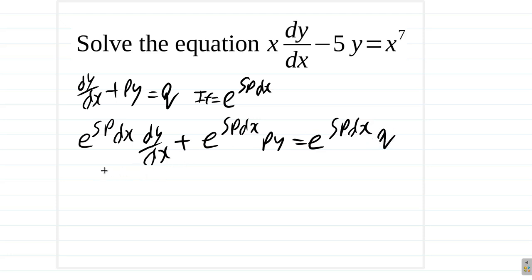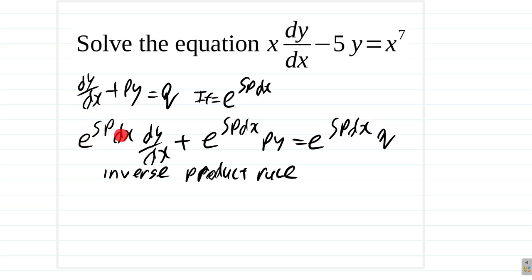Then you apply the inverse product rule to it. So in this case, you have e to the integral of p dx.